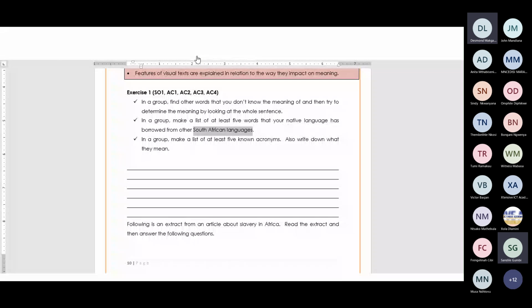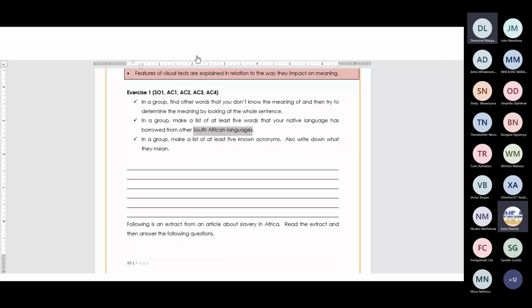I got SASSA, South African Social Security Agency, the one that is bordering 350. We need money. Say it again, Sandile. South African Social Security Agency. Wonderful stuff. Thank you, Sandile. An interesting one. Rose, give me one. I have ID for identification.